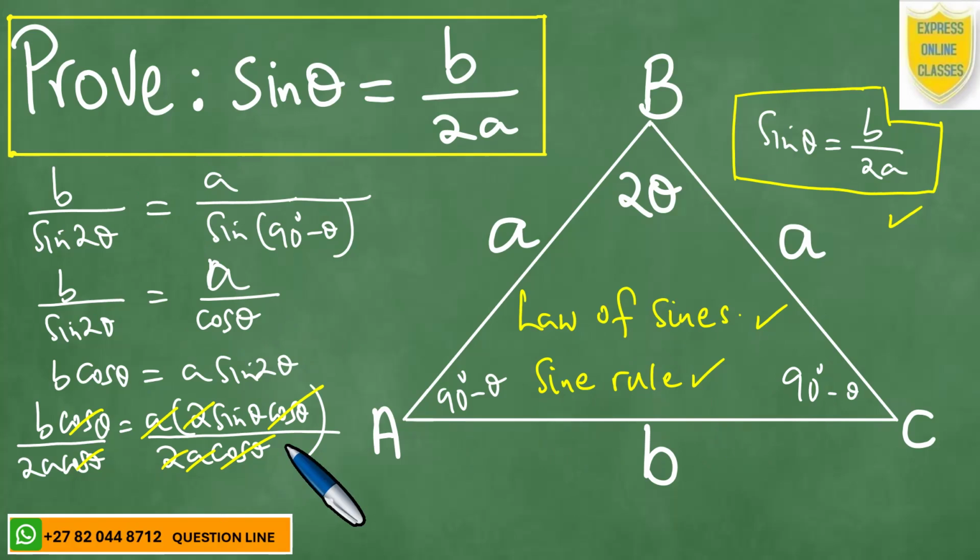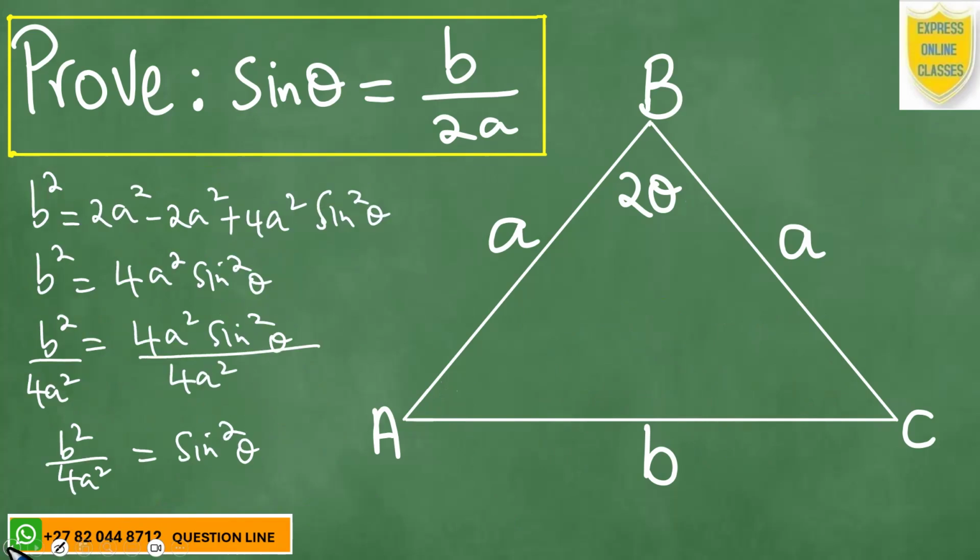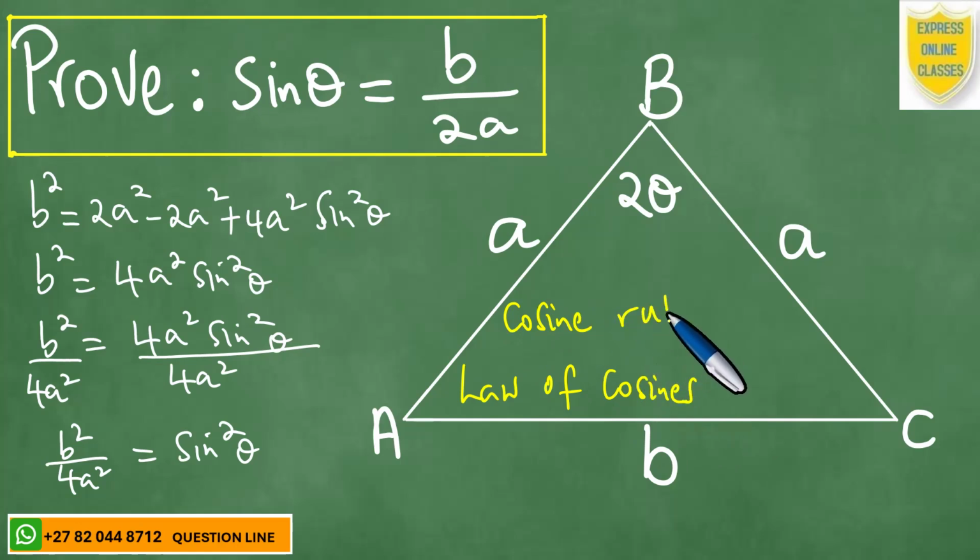But also, in other words, you can use the law of sines to do it. But previously, we actually decided to use this law here called the law of cosines. If you don't want to call it the law of cosines, it's called the cosine rule.